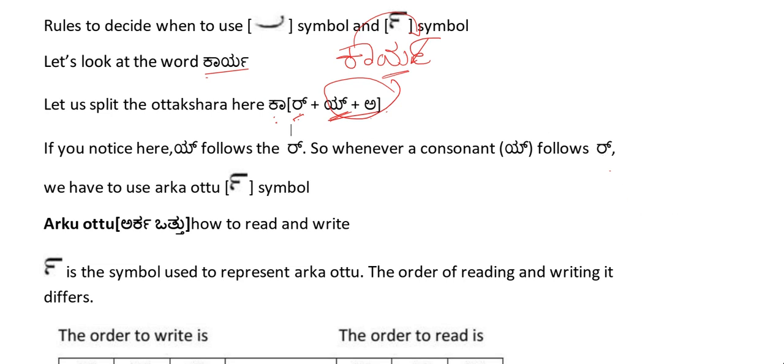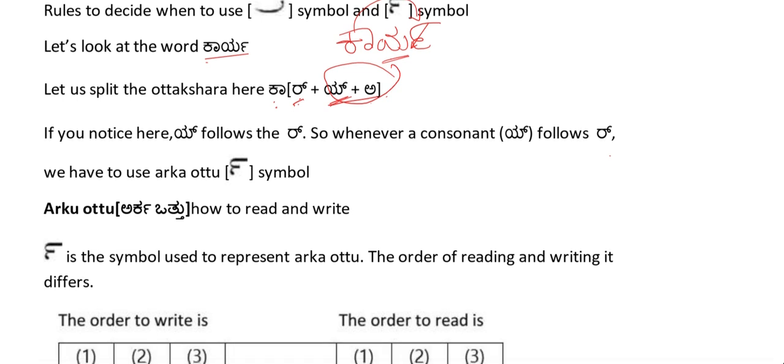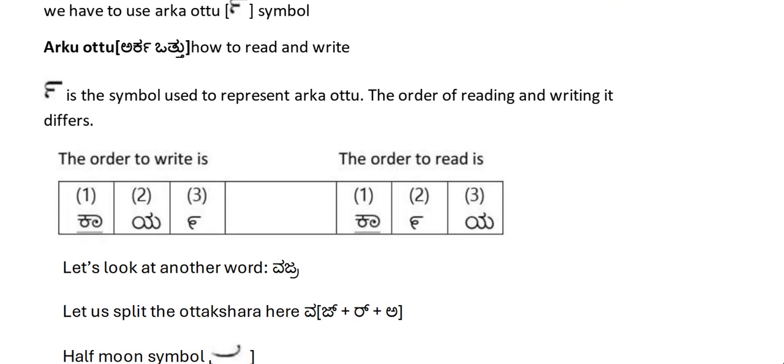When you read a word having Arka Ottu, the order in which you read and the order in which it is written differ. When writing, the order is Ka, Ya and then R. R comes after the consonant. When you write Ra, the Arka Ottu symbol comes after the consonant.